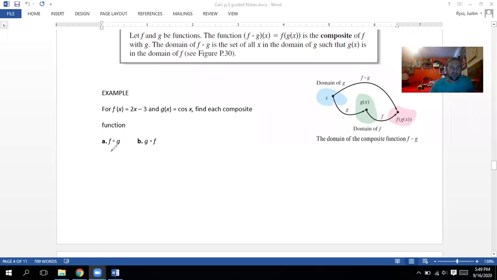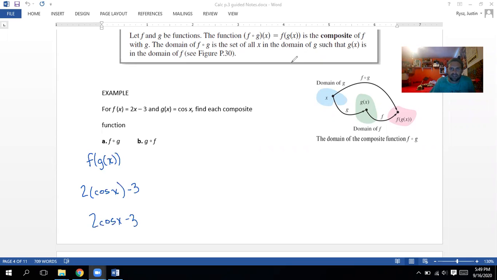So if I have choice A here, find f of g, remember that's the same as f of g of x. So that means we're going to take g of x and plug it into the f of x, and that would be 2 cosine x minus 3, or just 2 cosine x minus 3.